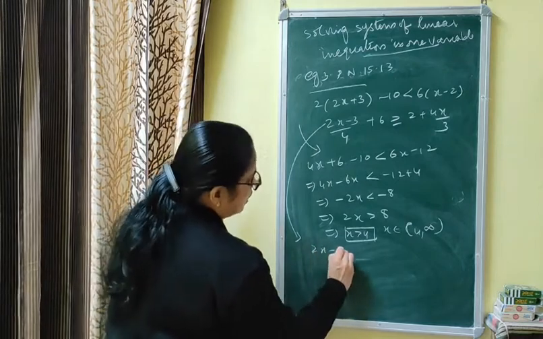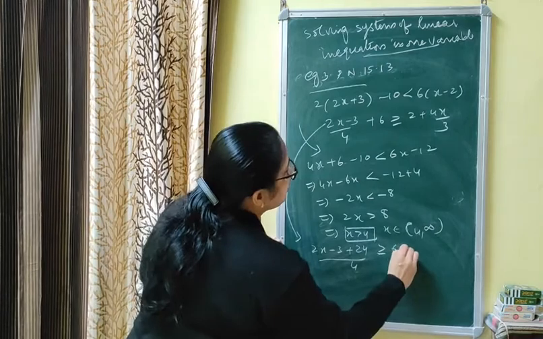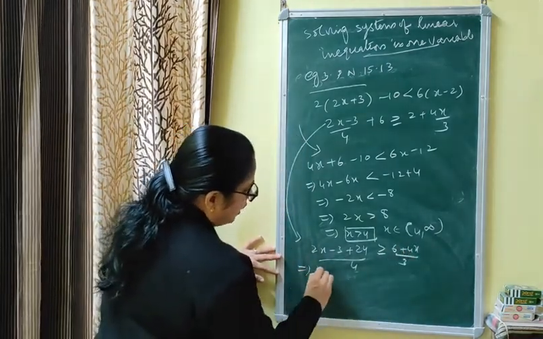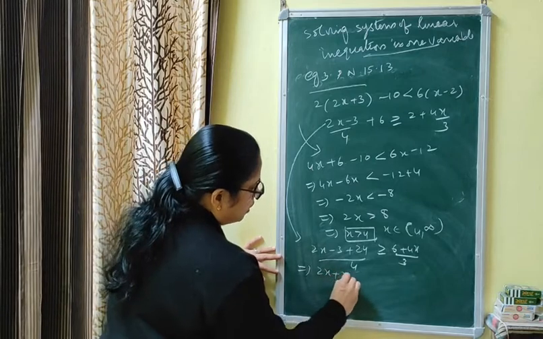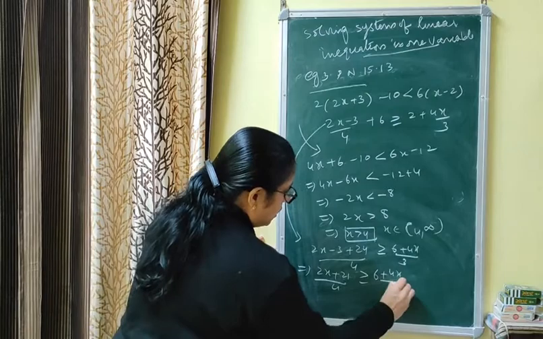Now the second one. By taking LCM, you will get 2x minus 3 plus 24 by 4 greater than or equal to 6 plus 4x by 3. That is 2x plus 21 upon 4 greater than or equal to 6 plus 4x by 3.